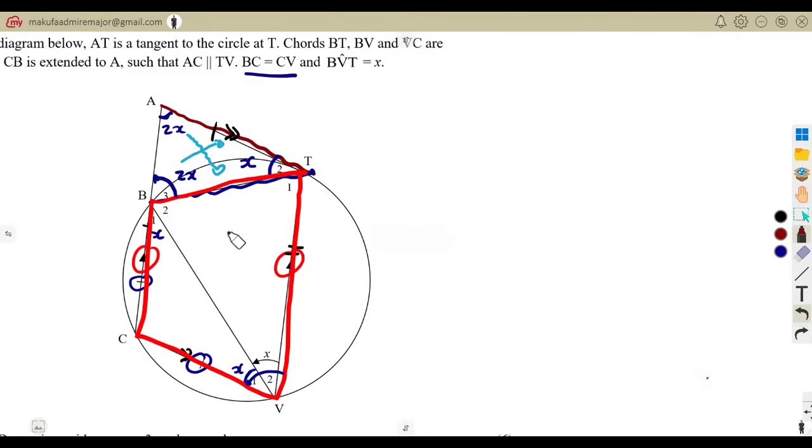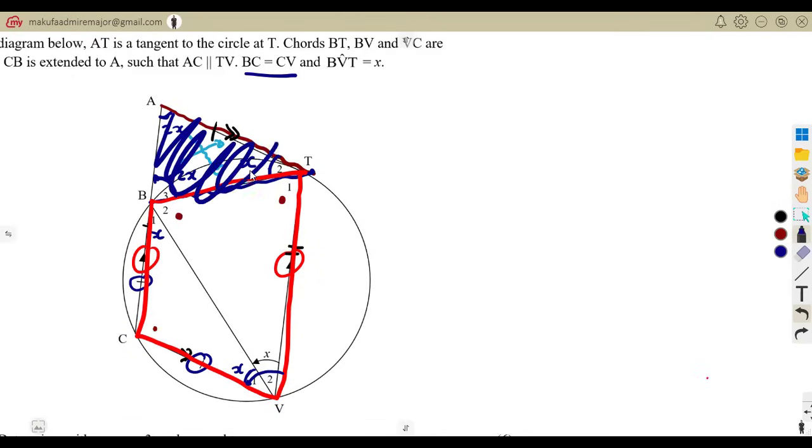All right. Triangle BCV is not complete because we do not have angle C. Triangle BTV is not complete because we do not have angle T1 and we do not have angle B2.